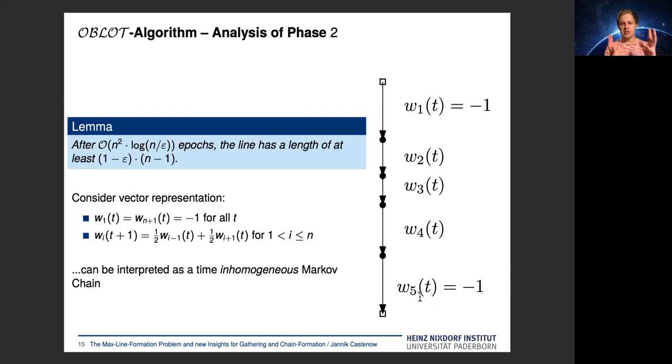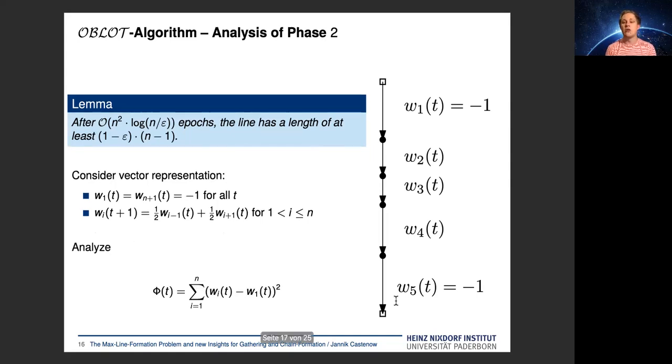And this matrix can be interpreted as the transition matrix of a Markov chain with two absorbing states, because these vectors here never change, they are always the same. And because in every round another subset of robots might be active, these matrices are time inhomogeneous. So in every round they might look slightly different, but they are always stochastic.